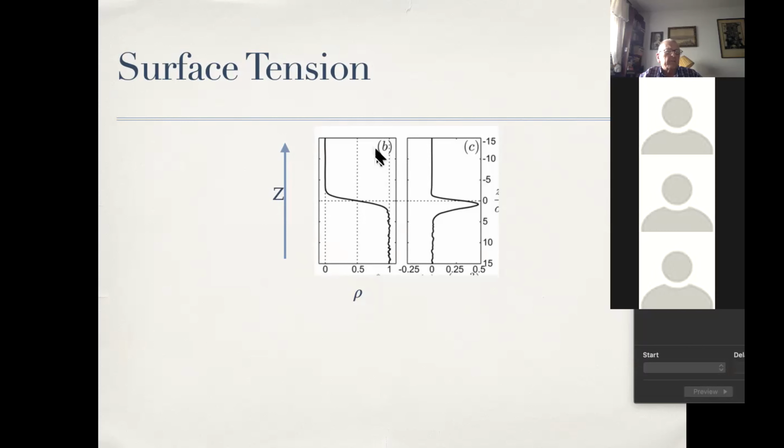And if I try to calculate the energy of the system, then it is obvious that I have to split it into three parts. One part is the energy of the liquid phase, because the liquid here is homogeneous, so it has a certain energy contained in it.